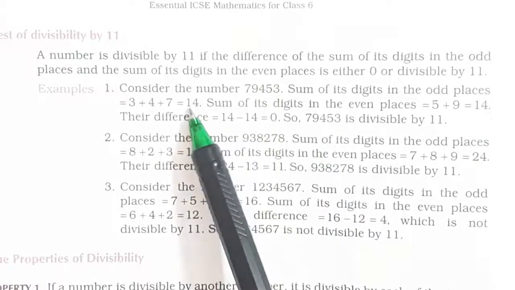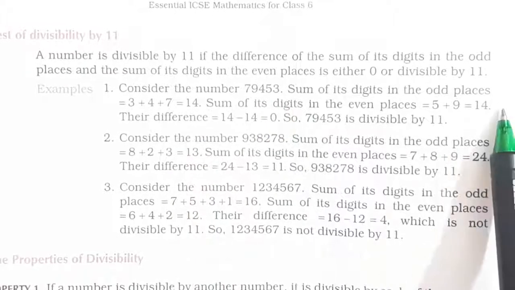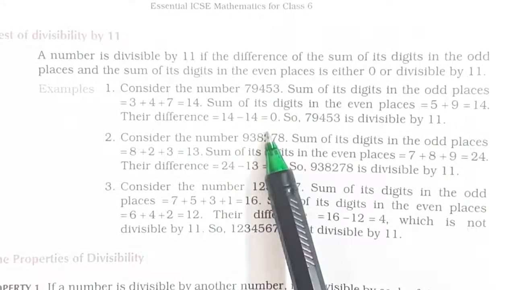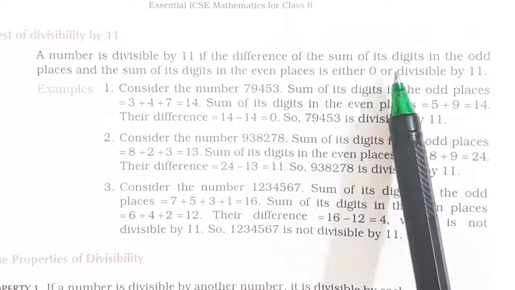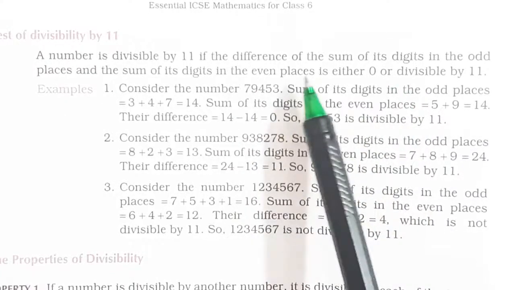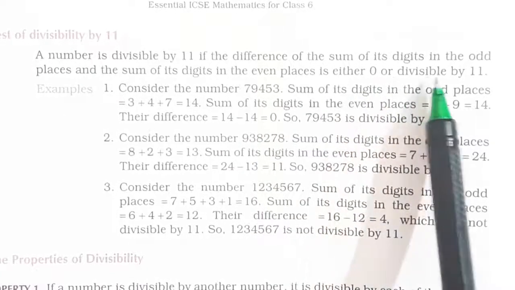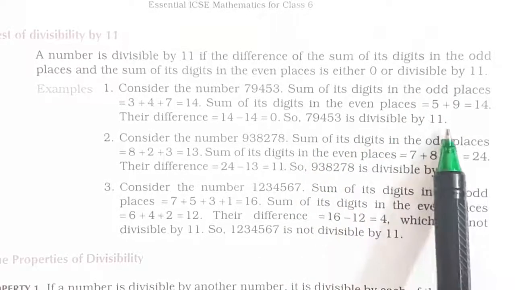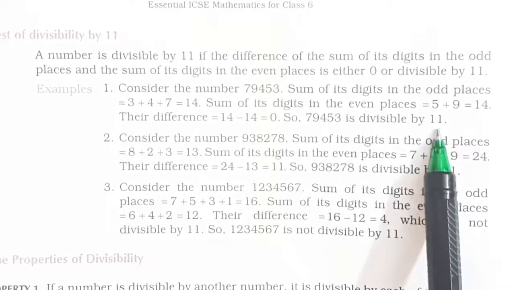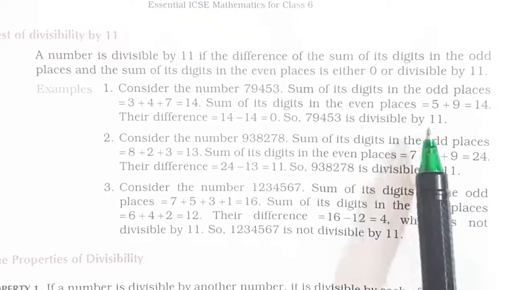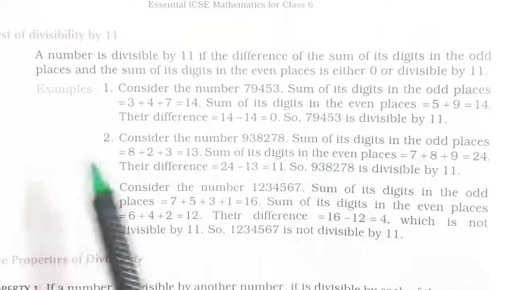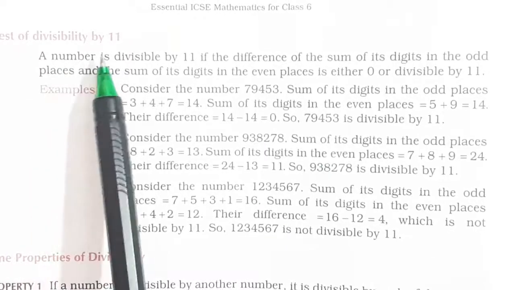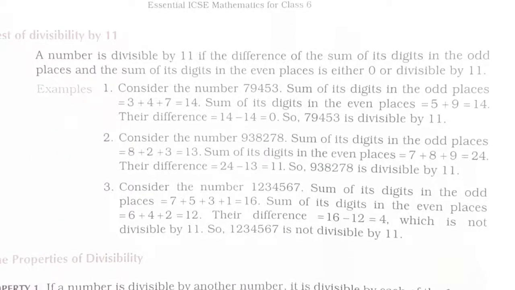Now the difference between 14 and 14 is 0. Now as per the rule, if the difference is 0 or divisible by 11, the number is also divisible by 11. I hope it is clear to everyone. So this is how we can check the divisibility test by 11.